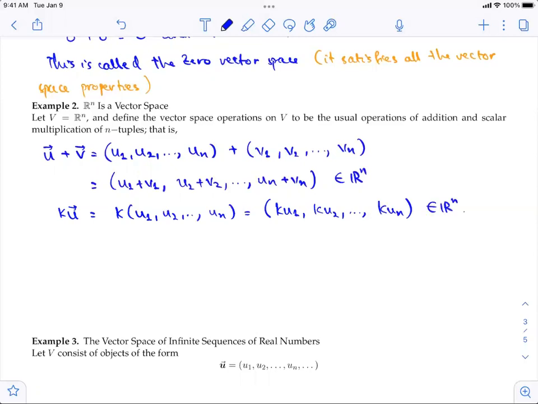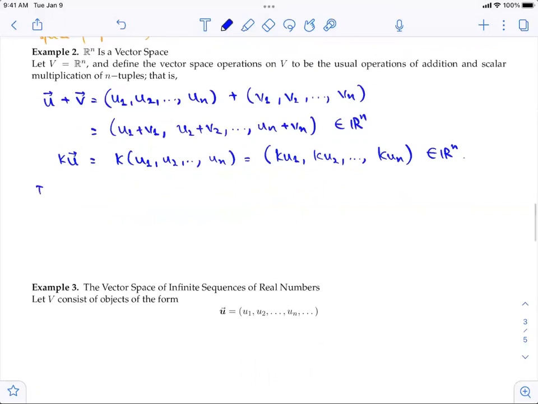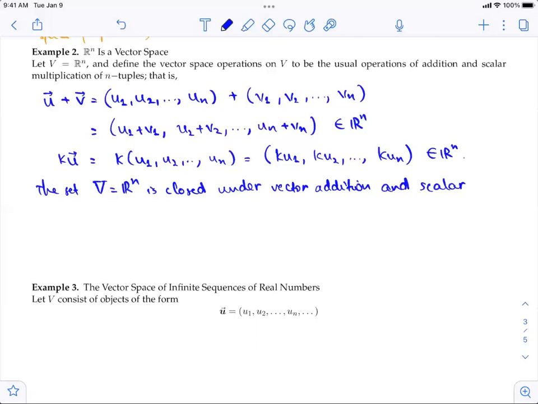This is called closure under scalar multiplication. So we say that the set V equal to Rn is closed under vector addition and scalar multiplication.